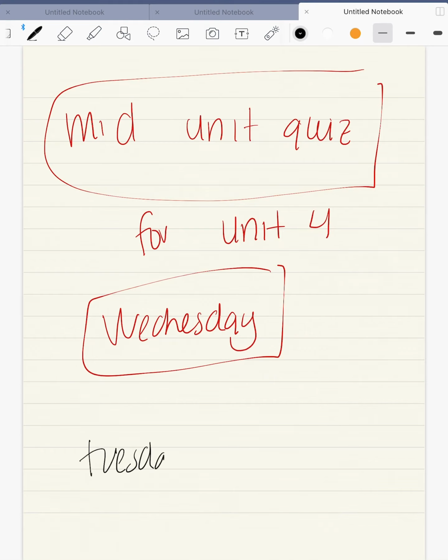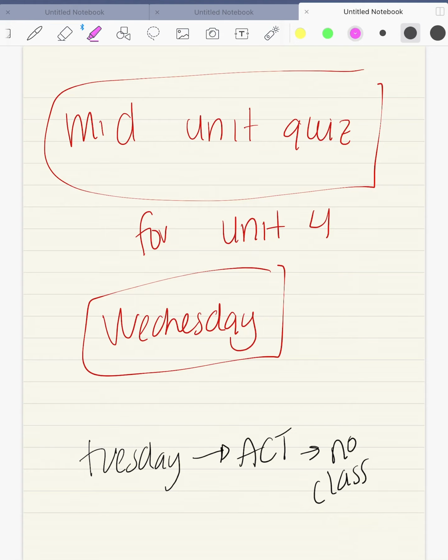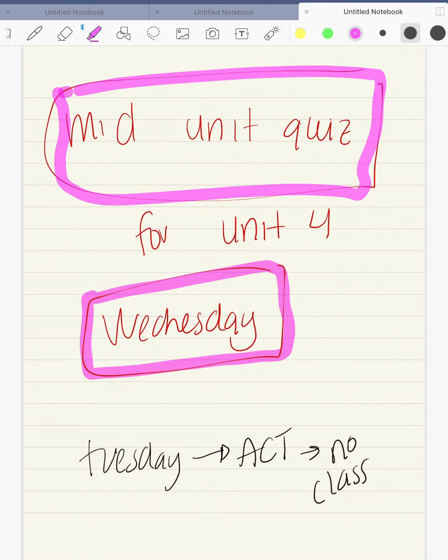So on Tuesday, we are not going to have class, because most of the students will have the ACT. So no video, no assignment for Tuesday. That's why our mid-unit quiz will be on Wednesday. Of course, for the mid-unit, you will have to get your unit circle and study what we did today.